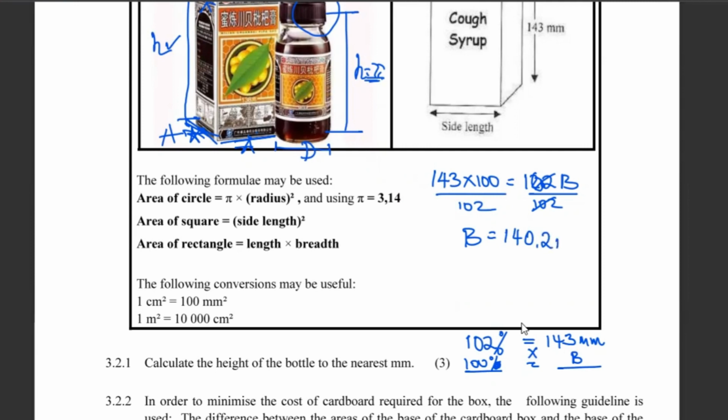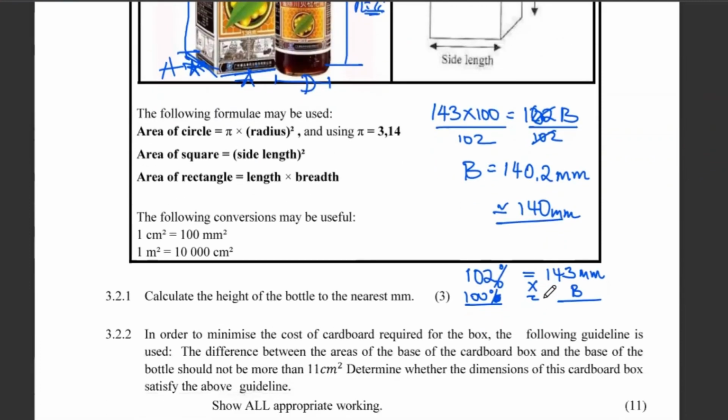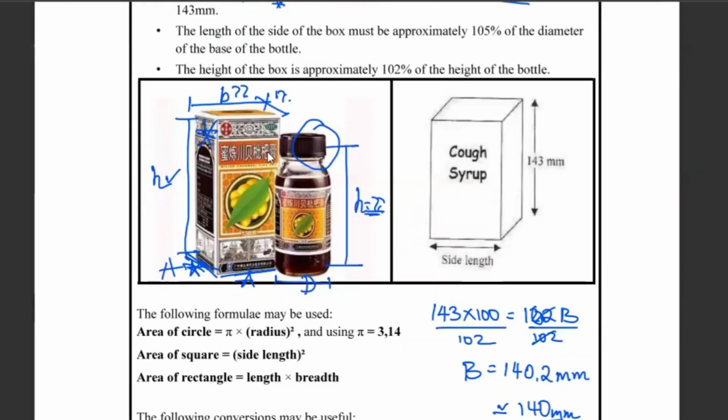These are millimeters, but they said to the nearest millimeter. The other way around: they're telling us the height of the box is approximately 102% of the height of the bottle.